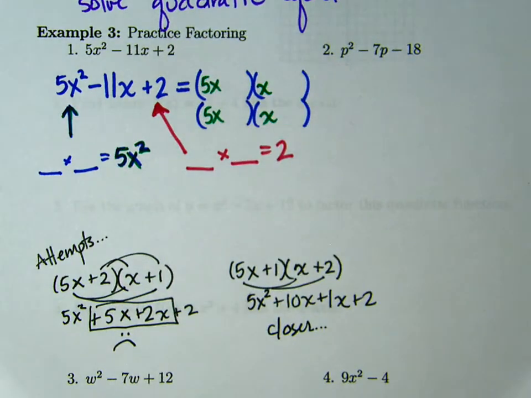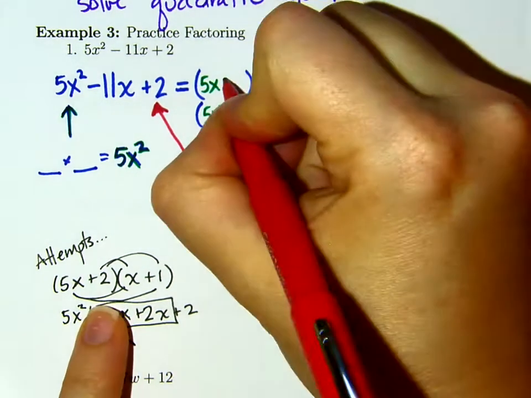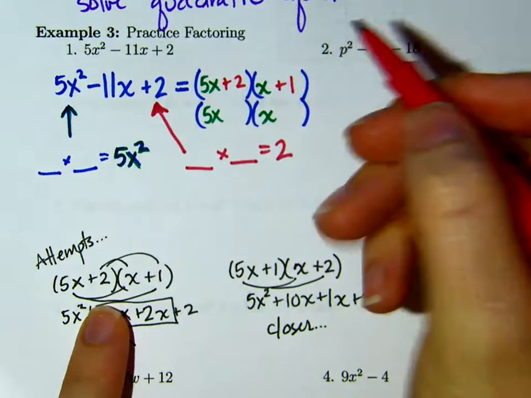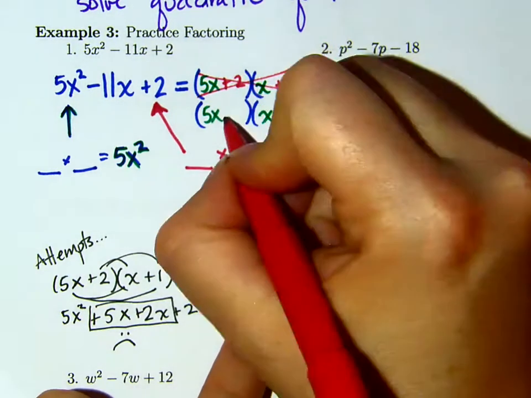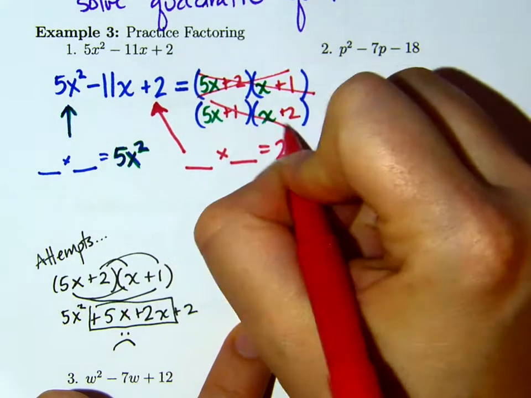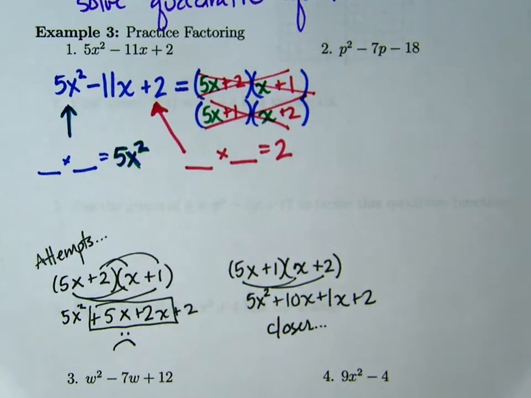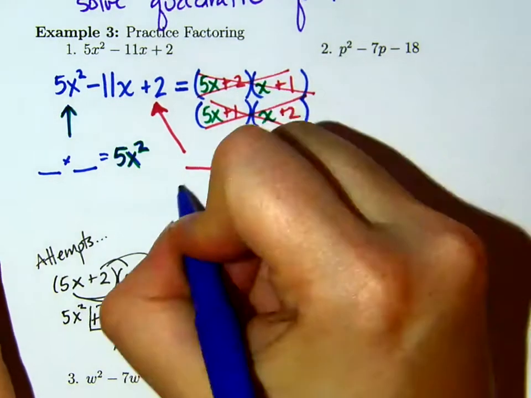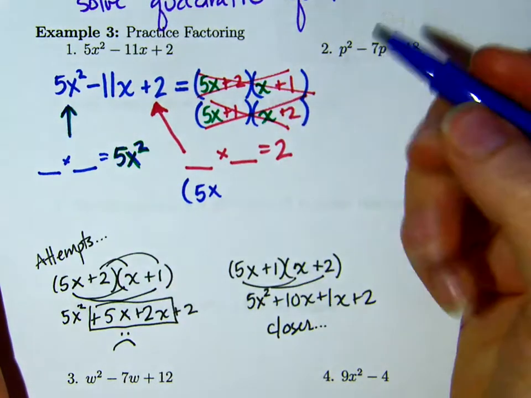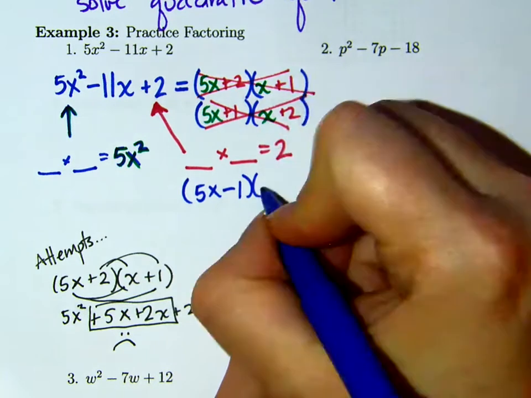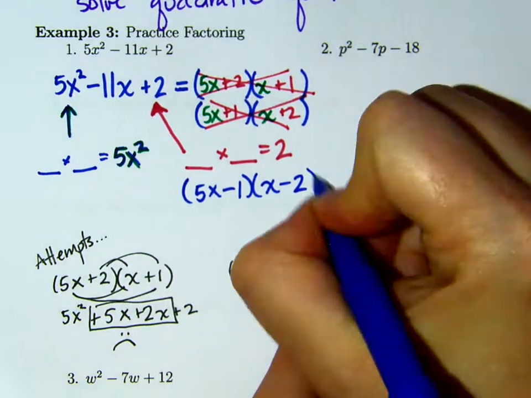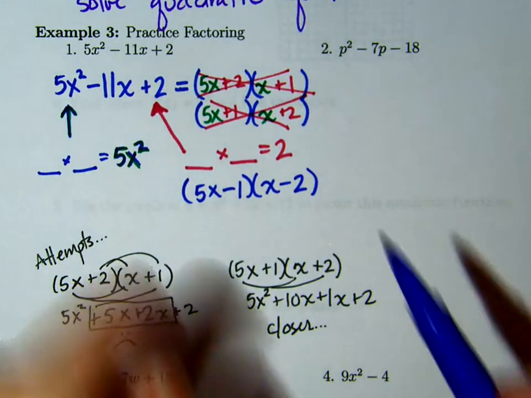Okay, so it looks like here's what we have just decided. Plus 2 plus 1, no. Plus 1 plus 2, no. But if we do 5x, this was close, minus 1 times x minus 2, and we check this, let's see if it works out.